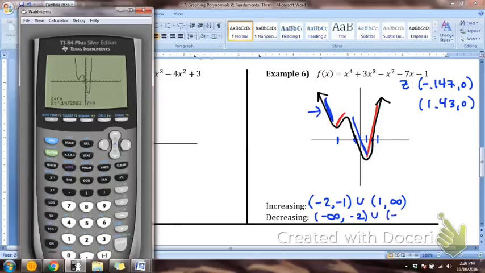Okay, and then we're also increasing from -1 to 1. I'm sorry, decreasing from -1 to 1. So again, the increasing and decreasing is going to vary depending on what you see in your calculator. What should not vary is the zeros, because we're actually calculating that in our calculator.